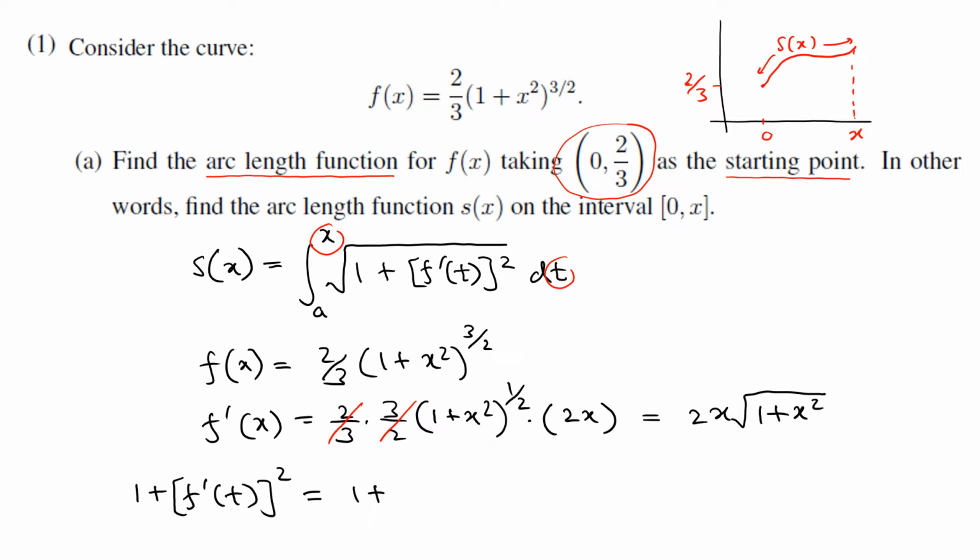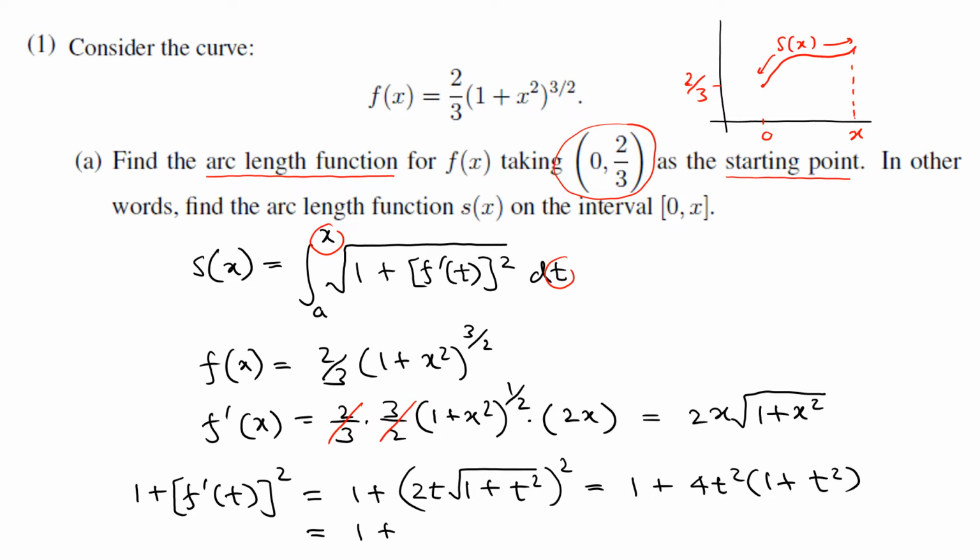So we have 2t times the square root of 1 plus t squared, and you have to square the whole thing. When you square it, what you get is 1 plus 4t squared times (1 plus t squared), and you can see that this is simply 1 plus 4t squared plus 4t to the fourth power.